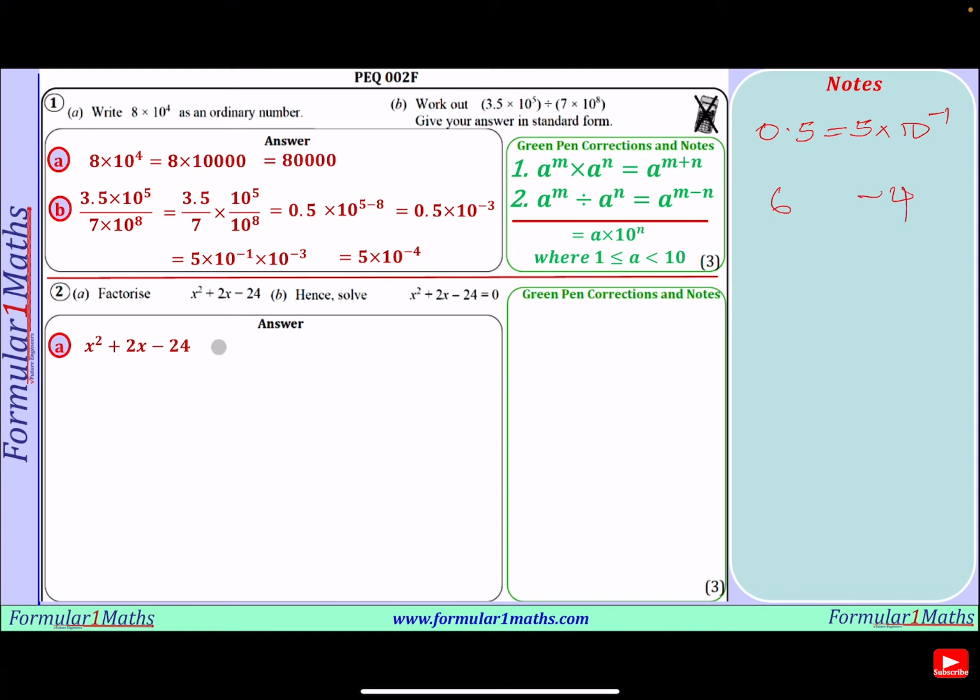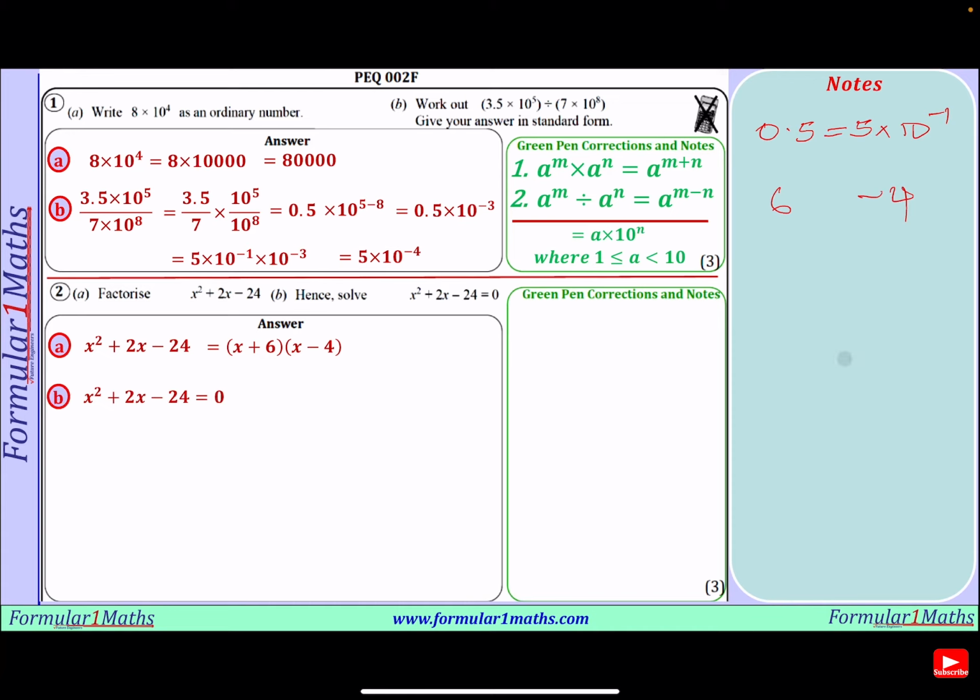Because 6 minus 4 is 2, and 6 times minus 4 is minus 24. So we go and factorize the quadratic to get this. We put in the plus 6 and minus 4 here. And that's how to factorize that.